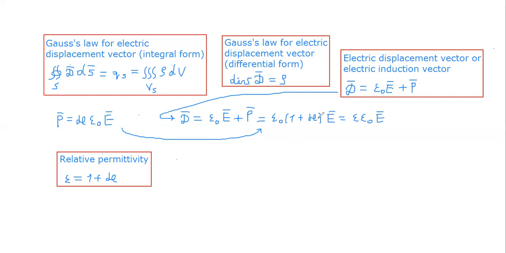And we have obtained that electric displacement vector or electric induction vector is equal to epsilon 0 times 1 plus the electric susceptibility multiplied by electric field intensity, and this is equal to relative permittivity, electric constant, multiplied by electric field intensity.